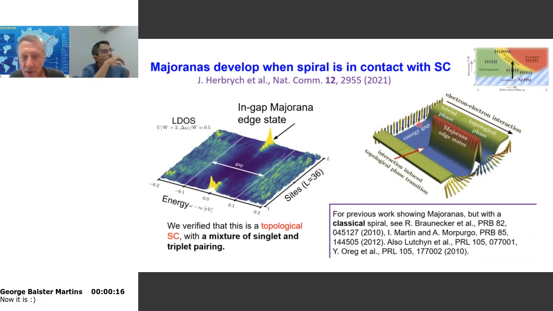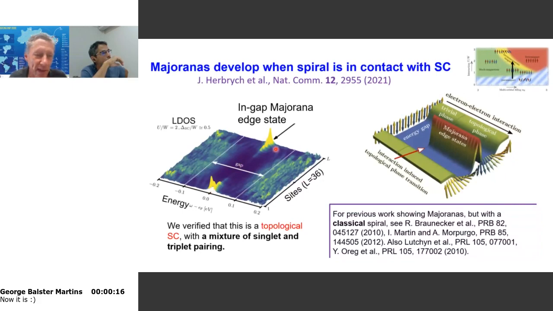You have a gap induced by the proximity effect, a superconducting gap, in the green region. And then as you keep on increasing the Hubbard U, and you penetrate into the spiral region, the density of states will have a feature at energy zero, which are these Majoranas that are living at the edges. So that was quite interesting.